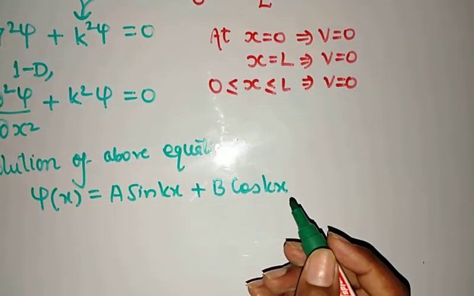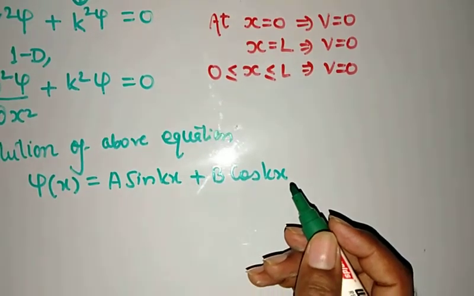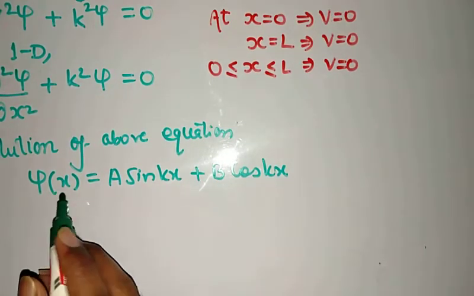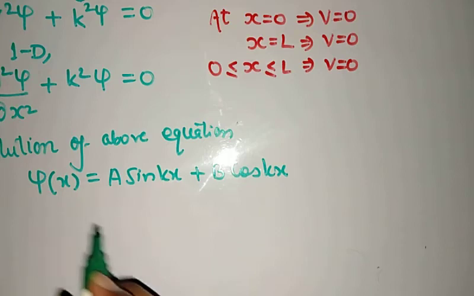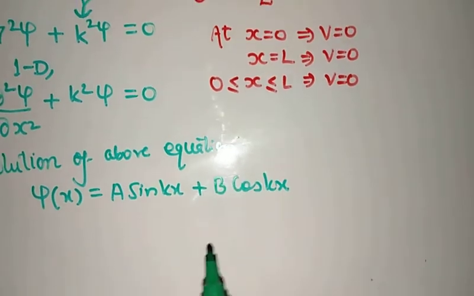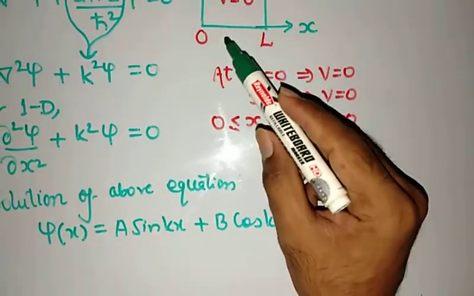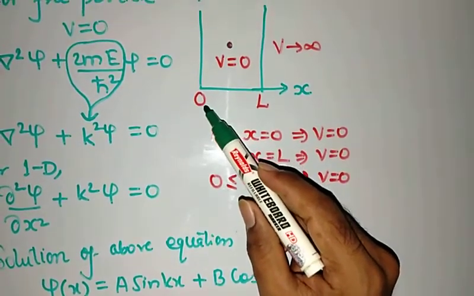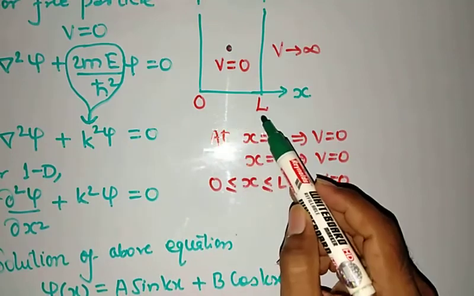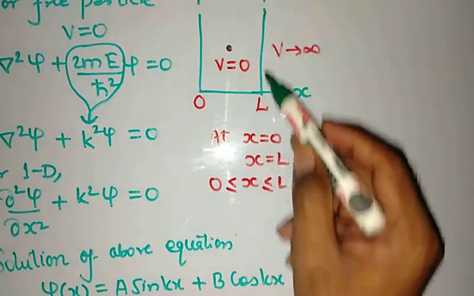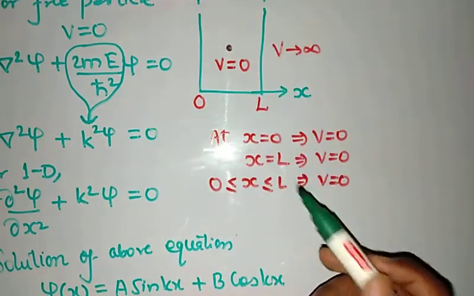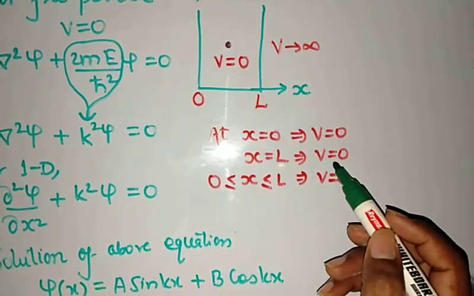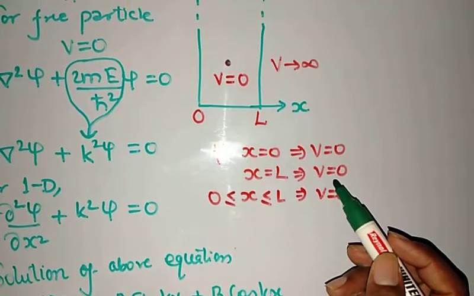Now we will use boundary conditions to obtain the wave function. What is the boundary condition? As we have discussed here, at the boundary, that is at point 0 and at point L, V is 0 and also psi will be 0.